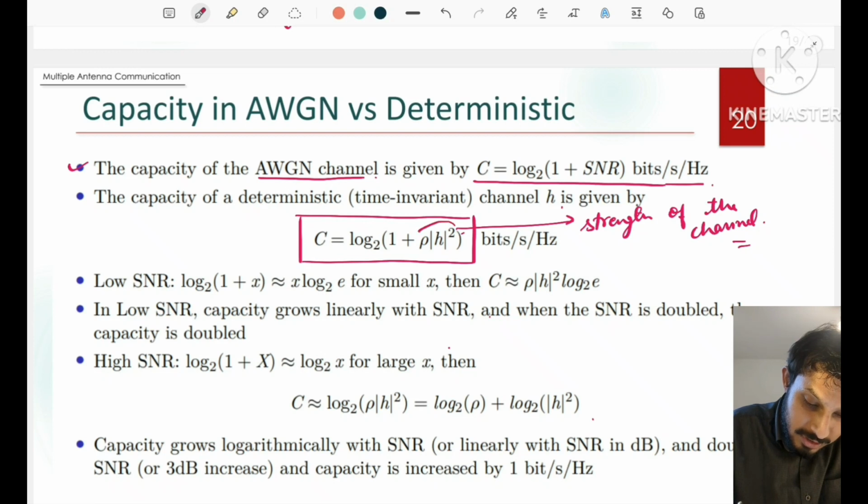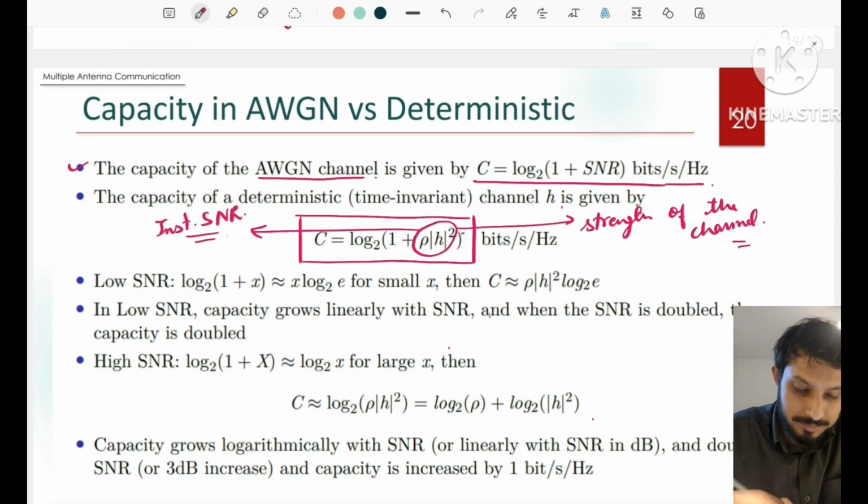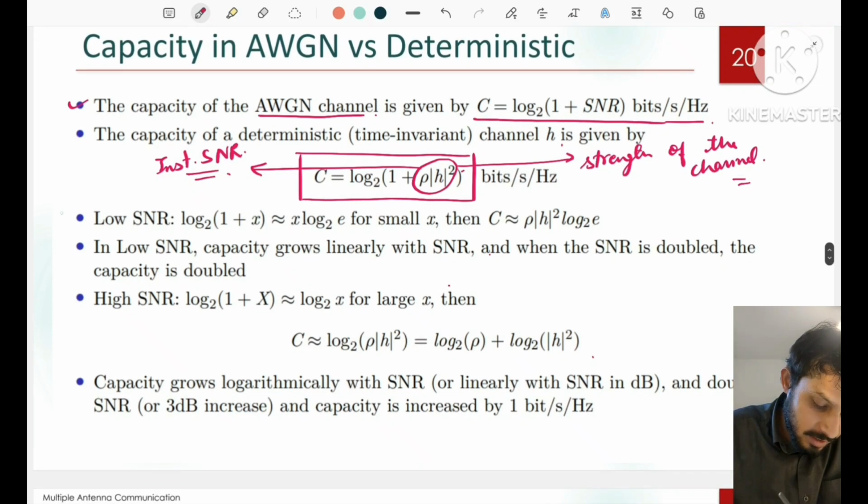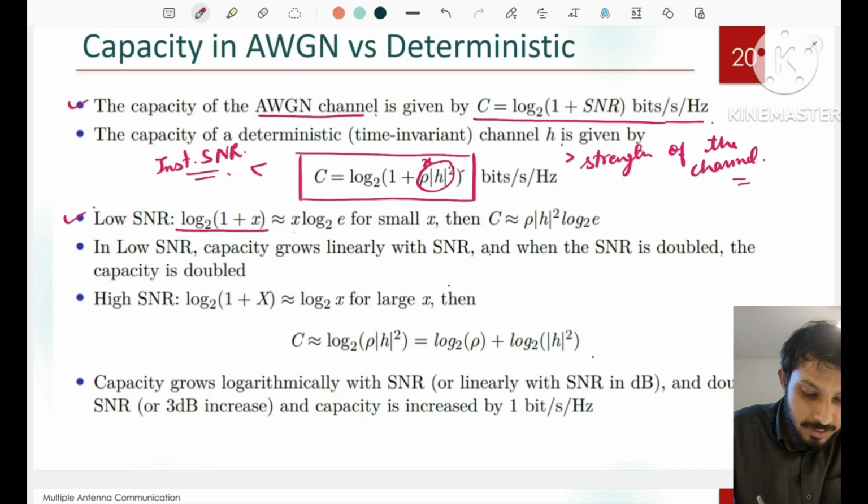And collectively this rho mod h square is called the instantaneous SNR. And now there are two cases. First, we need to consider what is the behavior of this capacity in low SNR regions. In low SNR regions, if rho mod h square is X, then log2 of 1 plus X can be reduced to approximately X log2 e when X is small.